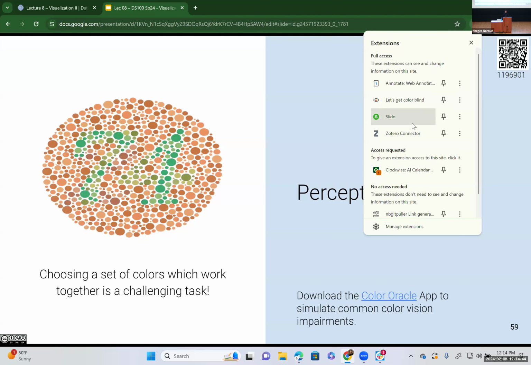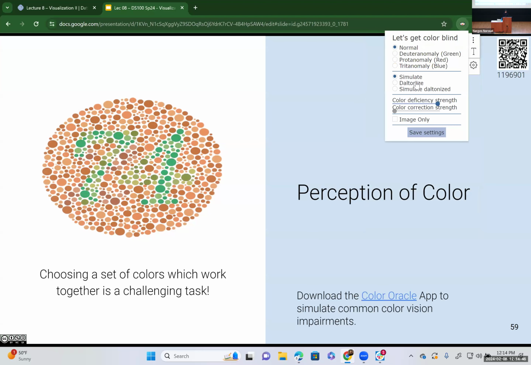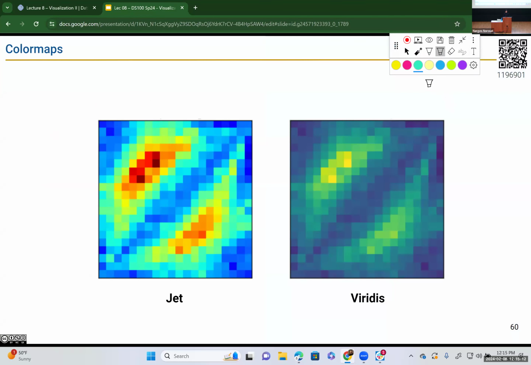But if I simulate this for you, if you have certain kinds of color blindness, you won't be able to tell the differences. So these are accessibility issues that you need to always have in mind, and there are different color schemes that use appropriate coloring so that we don't have these issues for people who have red-green color blindness and such. So I'm going to go back and show you what they are.